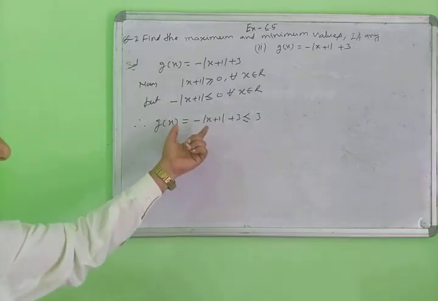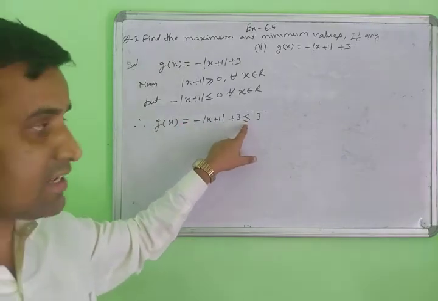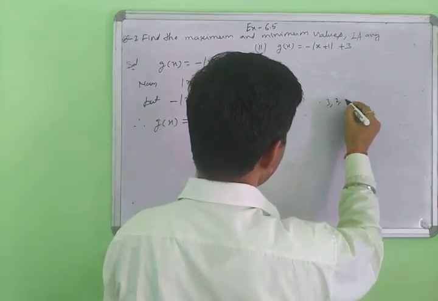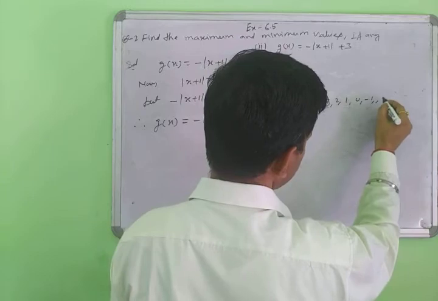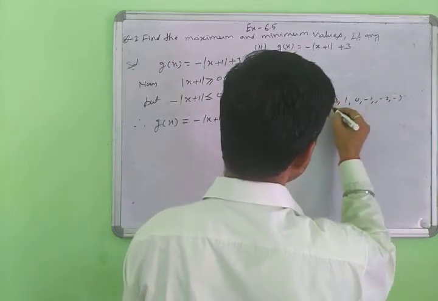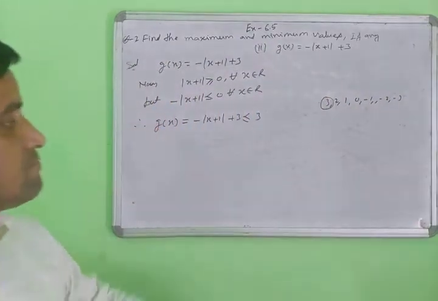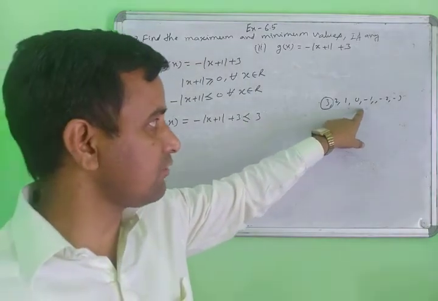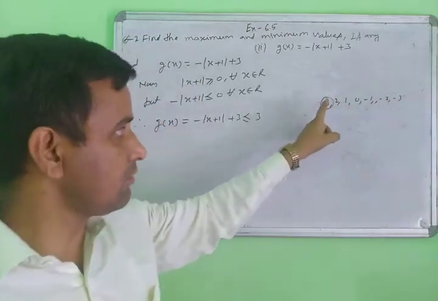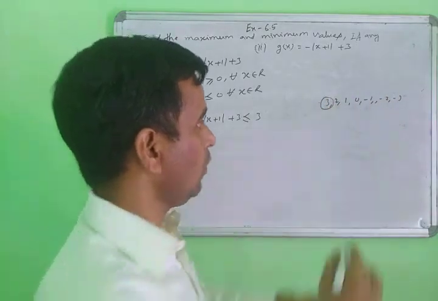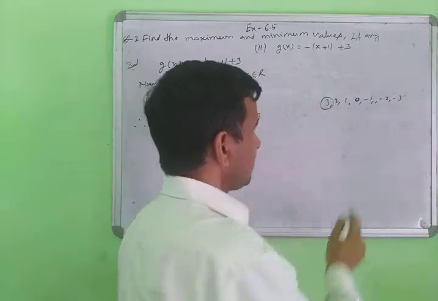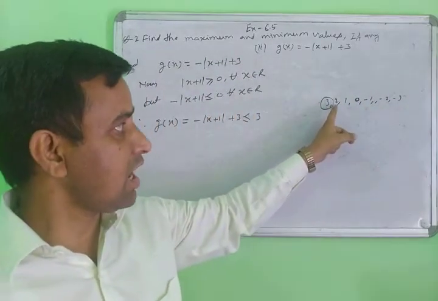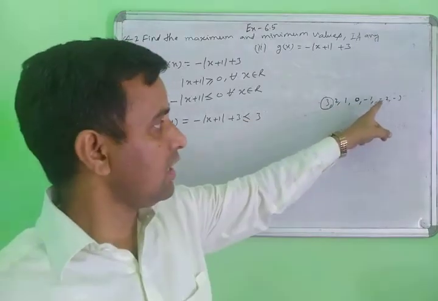Less than or equal to 3 means the values go 3, 2, 1, 0, -1, -2, -3. So 3 is the maximum value, and the other values keep reducing. All other values are less than 3.